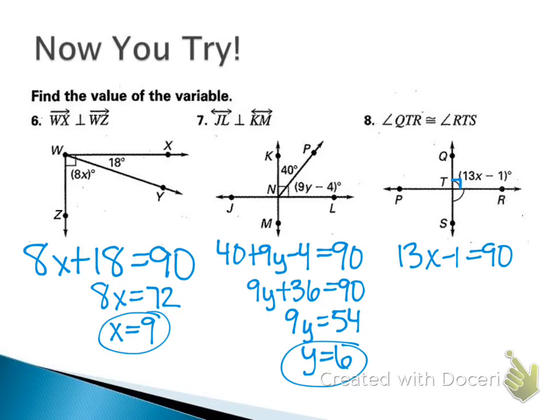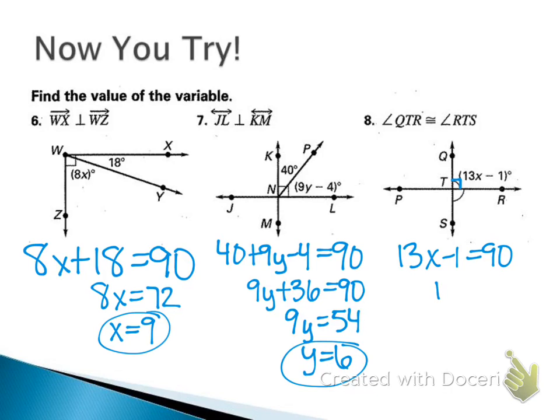This is not the only way to do this problem. If you were to duplicate it and put a 13x minus 1 on the other angle because they're congruent, and then add them up and set it equal to 180, that's another way of doing it. It's just going to take a little bit more work. So this way is the way I would recommend. What do we do to solve?